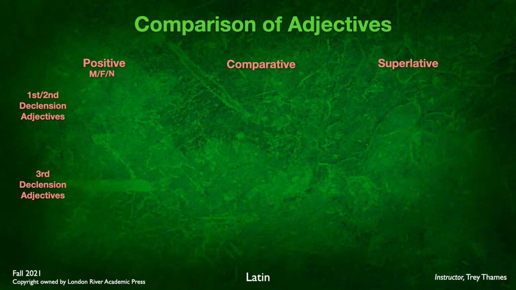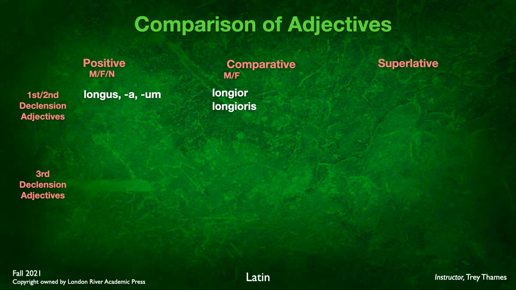All right, let's use the first and second declension adjective longus, -a, -um. For the comparative, for masculine and feminine, we're going to add the -ior in the nominative case. And then for the genitive, it's also the -ior, but we add the third declension ending. If you remember, the third declension endings are blank, -is, -i, -em, -e, -es, -um, -ibus, -es, -ibus. So you'll just add all those endings to longior. So that's masculine and feminine.